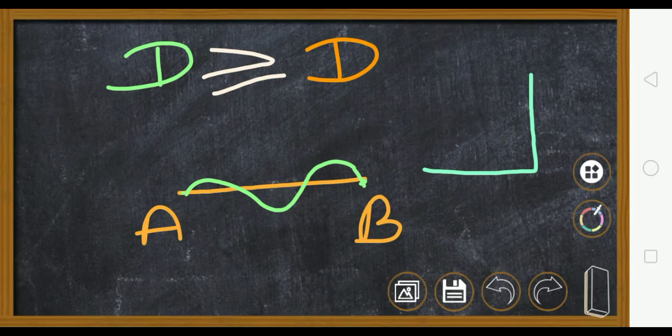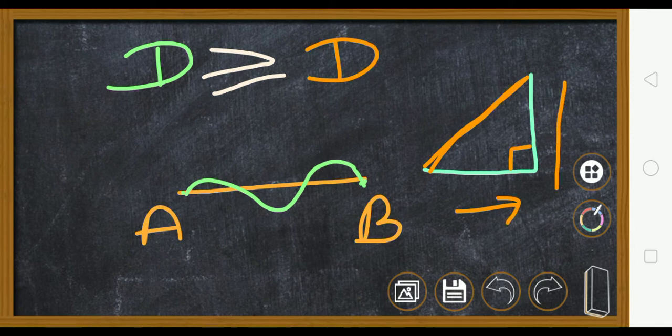Displacement is calculated like this, the hypotenuse. This is 90 degrees. You are going in the east direction, and then you are going north, turning 90 degrees. So your distance is this line plus this line, but your displacement will be this.